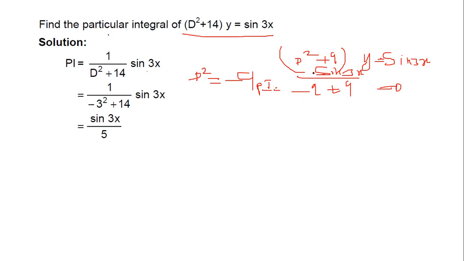Then we multiply with x in the numerator, so x sine 3x, and the denominator becomes 2d. So x by 2, 1 by d of sine 3x.